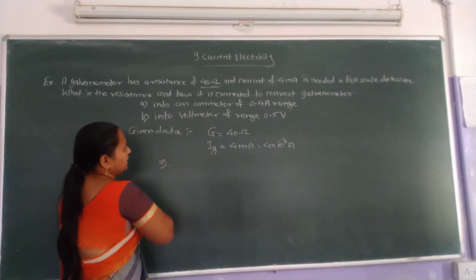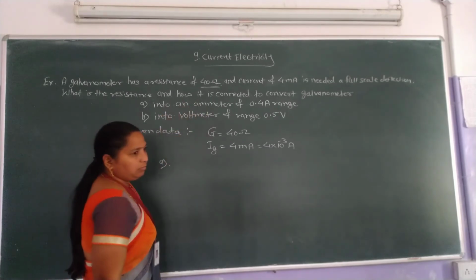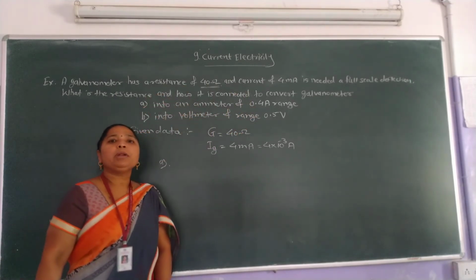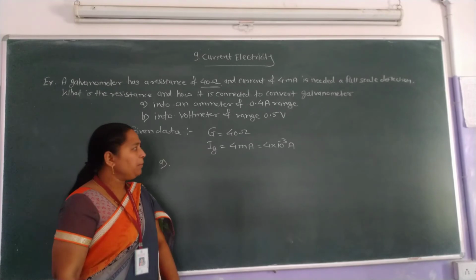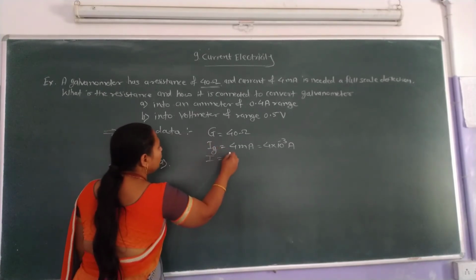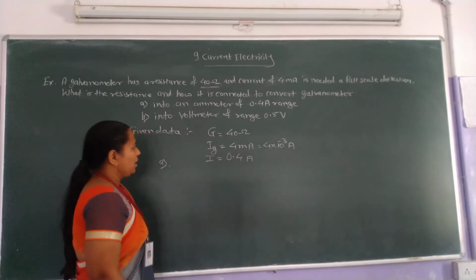The first part of the example: convert the galvanometer into an ammeter of range 0.4 ampere, that is, I is equal to 0.4 ampere.